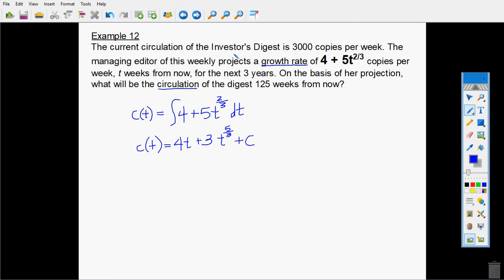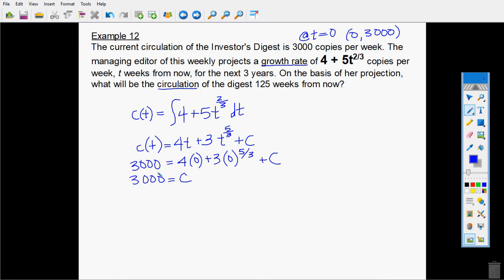Now I know that the current circulation at time 0, sorry, at t equals 0, is 3,000 copies. So I know that here, in this case, all of these terms cancel out, they're zeros, and I get that C is 3,000.